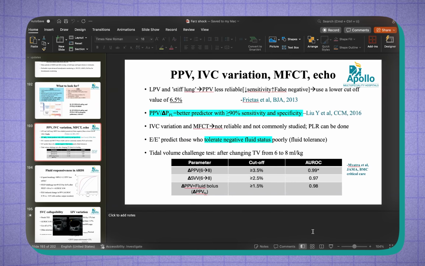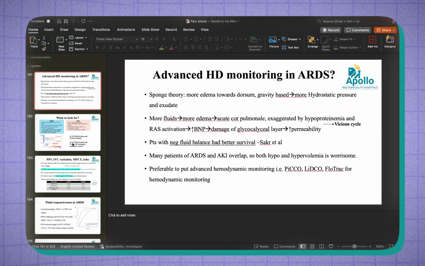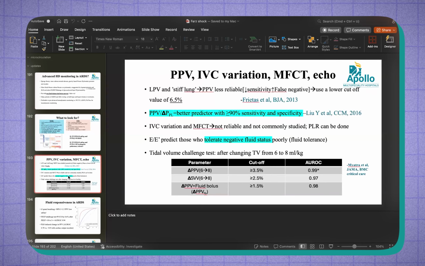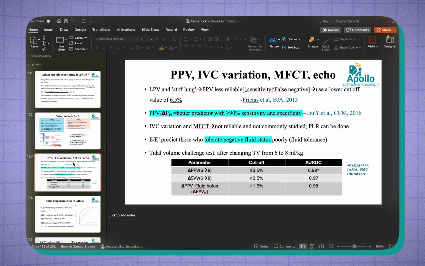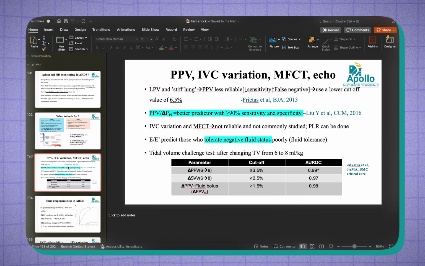The tidal volume challenge test is a test where you basically increase the patient's tidal volume from 6 to 8 ml per kg. The patient is now ventilated using lung protective ventilation at 6 ml per kg, so you increase the tidal volume to 8 ml per kg. This will increase the intrathoracic pressure and have an impact on the heart-lung interaction. If the patient is volume depleted, the pulse pressure variation will increase.